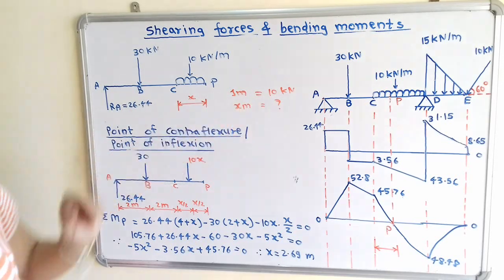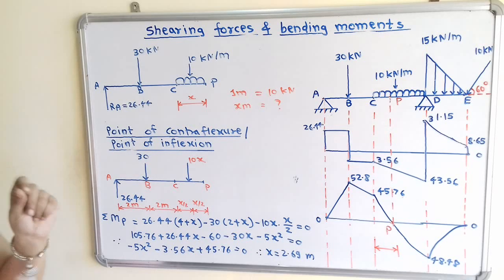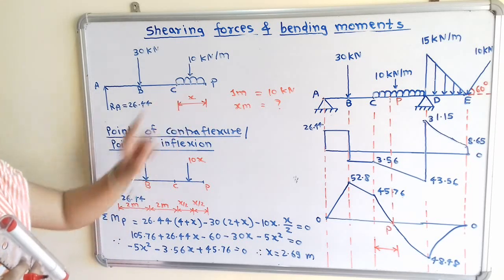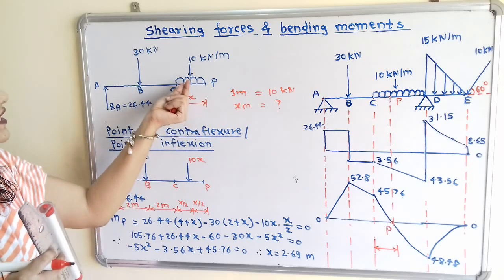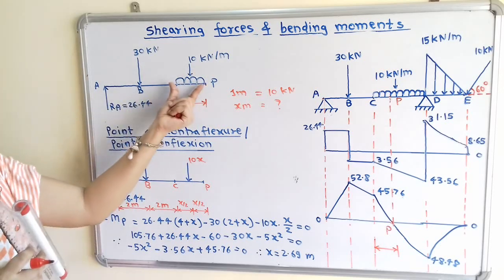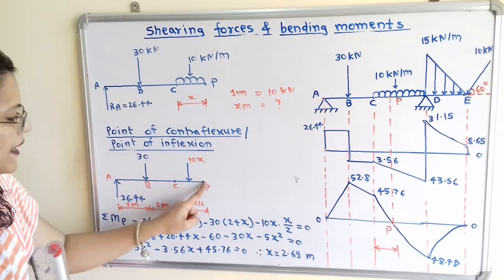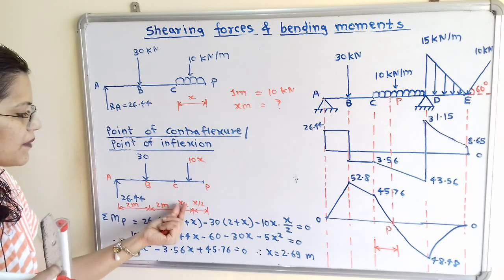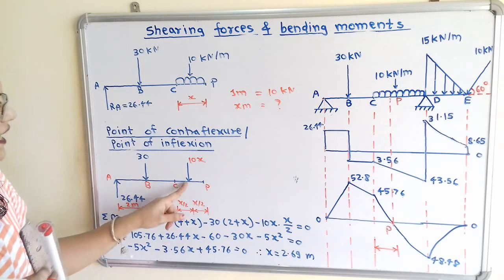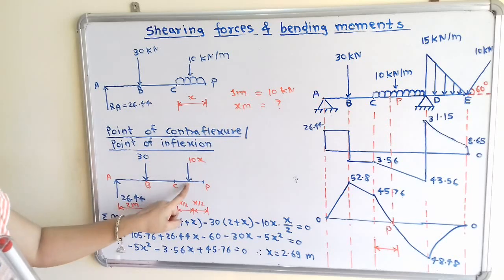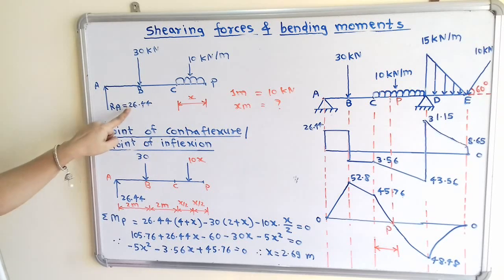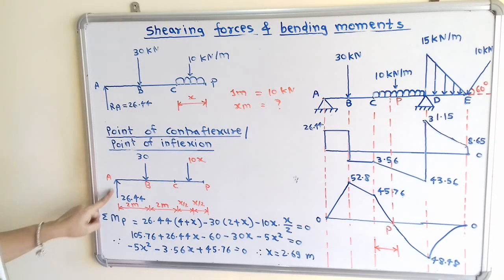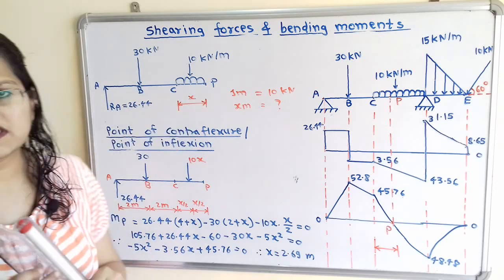So it is equal to 10x. And where is the point of application of this load? Because it is a uniformly distributed load, we select the middle point of the span CP. So for this span CP, we take the x by 2 distance on both sides, and the load is equal to 10x. And the other load is 30 kilonewton, and then 26.44 kilonewton we show as it is.